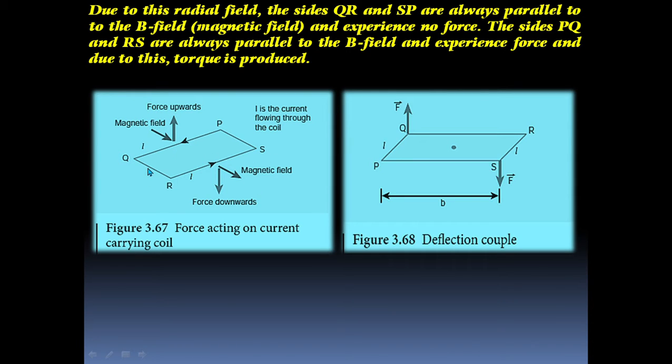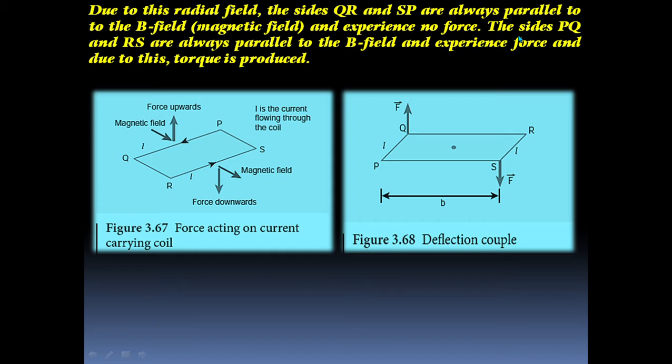When a charge moves along the QR side and PS side, the charge and the magnetic lines of force are in the same direction, so according to the magnetic Lorentz force, the charge does not experience any magnetic force, because a charge moving parallel or anti-parallel to the magnetic field has net force zero. So that is why the PS side and QR side experience zero force.